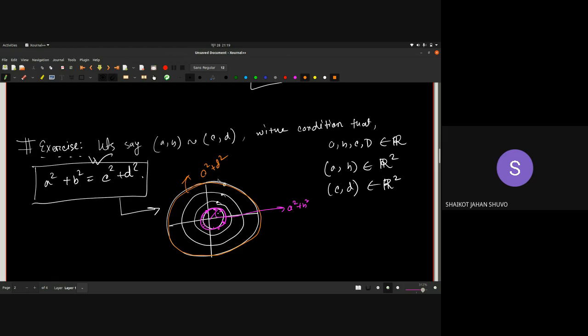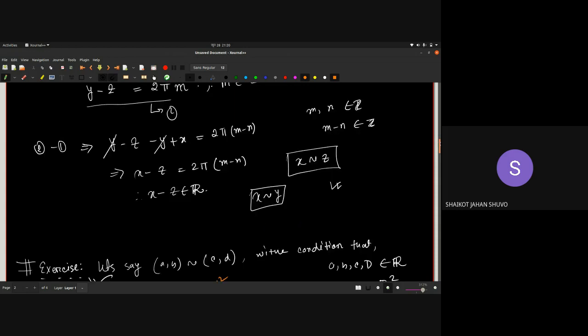How are these two circles equivalent? Well, they're equivalent in the sense that all the points on the perimeter are of the same distance. That's what's given in this equation. It might not look like much, but that's the geometric interpretation for that.